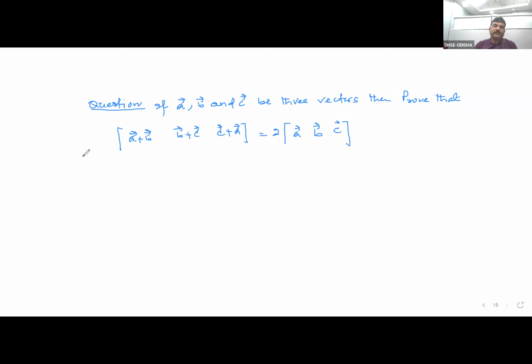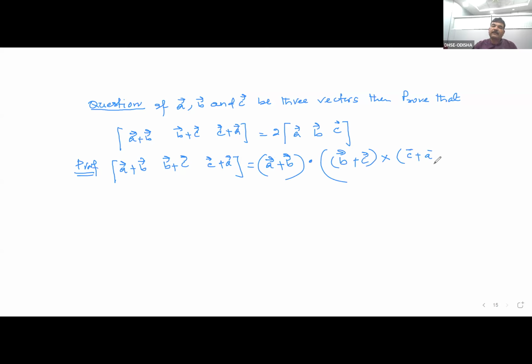Come to the proof. Box product of A plus B, B plus C, C plus A is equal to A dot B cross C. This is equal to A plus B dot B plus C cross C plus A. Okay.